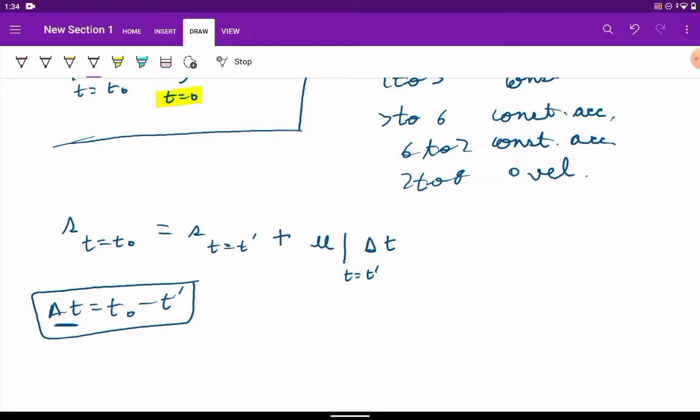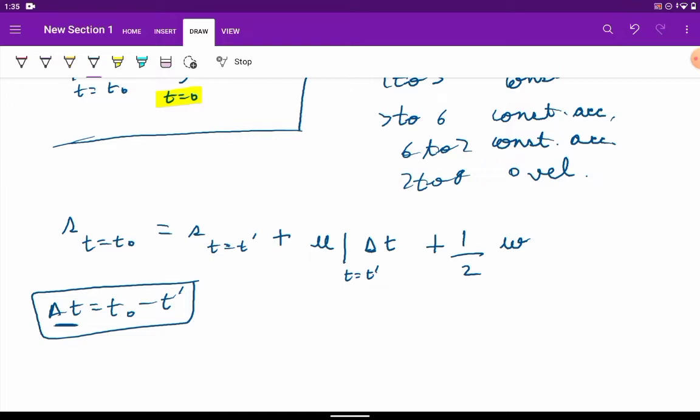So u delta t plus half a, which I'll write as w because that is the notation being used, w during this. Okay, this is important. This w basically represents the acceleration in this time period delta t.